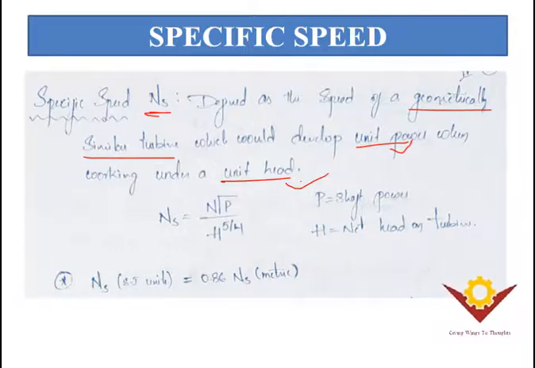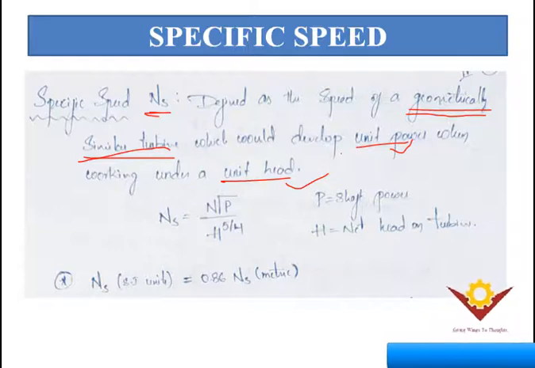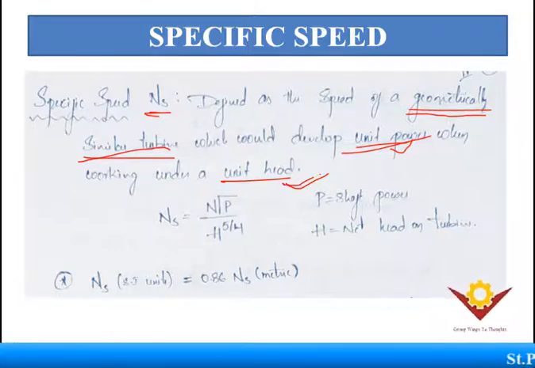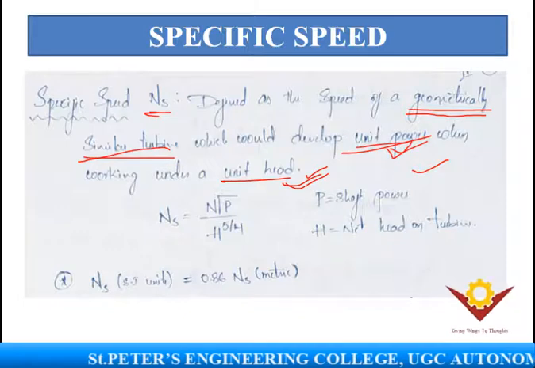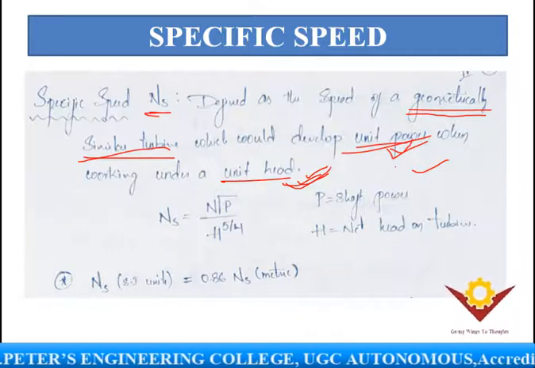But from similar triangles or similar geometry of your turbines, you can produce a unit power under unit head. So that means you can study your unit power under unit heads for the actual turbines also.